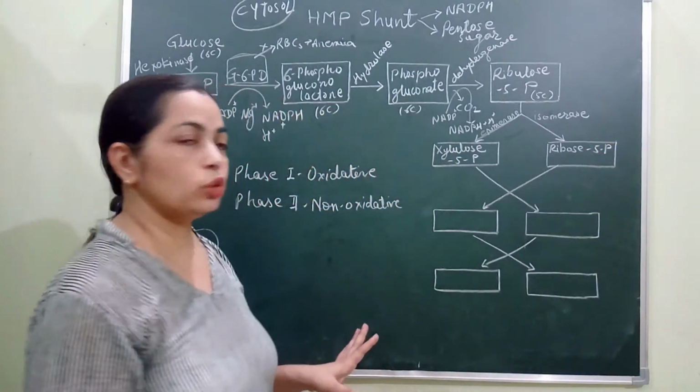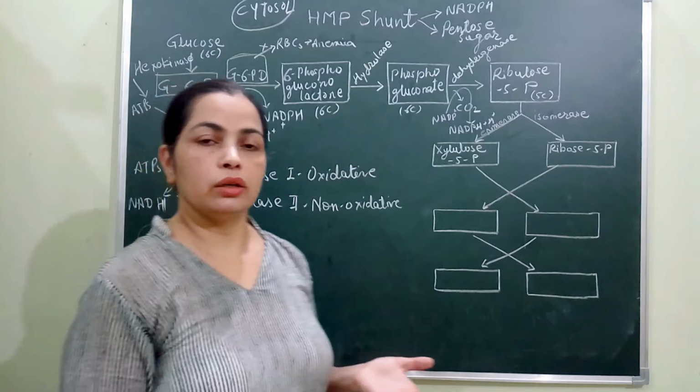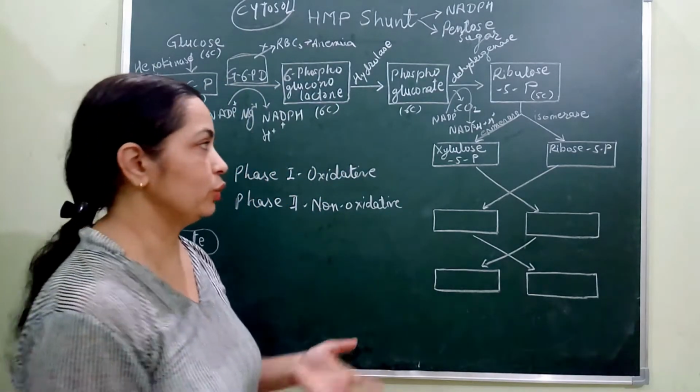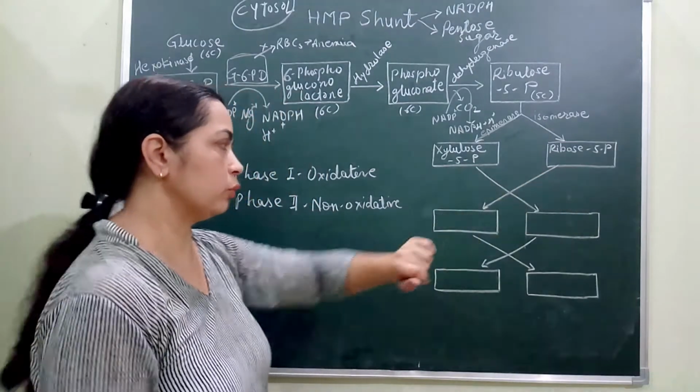Now this ribose 5-phosphate is an important pentose sugar for formation of nucleic acids as well as nucleotides, so it is going to be helpful for that process.